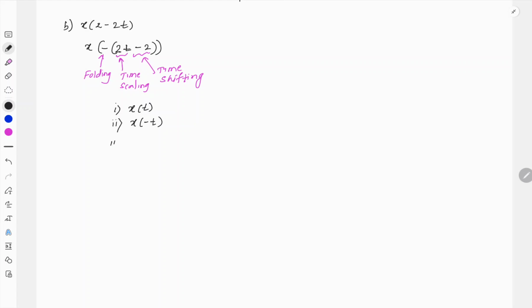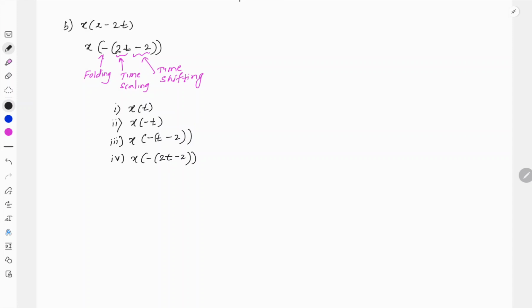Third we have x of minus t minus 2, which is the time shifting operation.